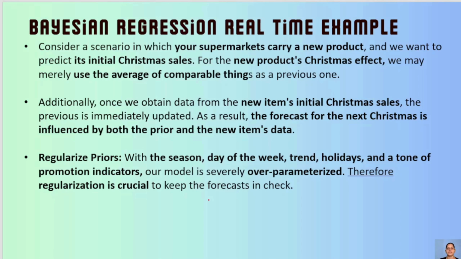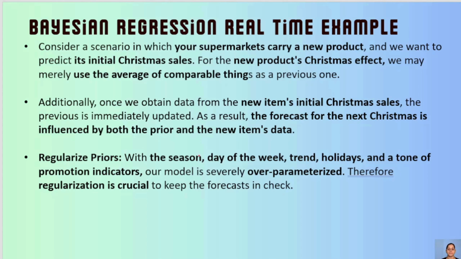So for that, we can add a regularization technique during our Bayesian approach. In this example, on how the regularization will be applied to the prior variable, we have seasons, days of the week, different holidays, trends, and the promotion indicators.